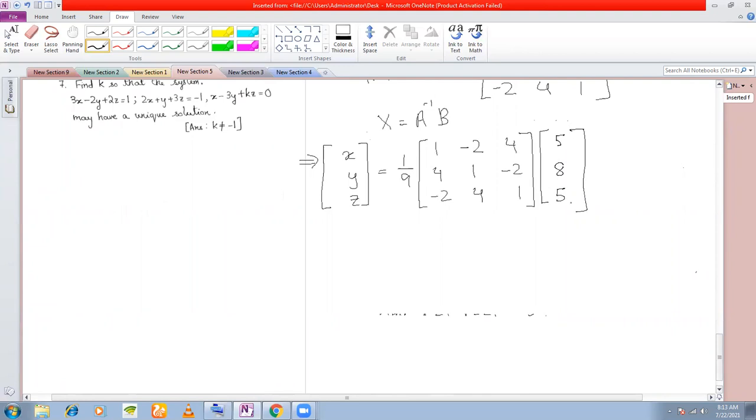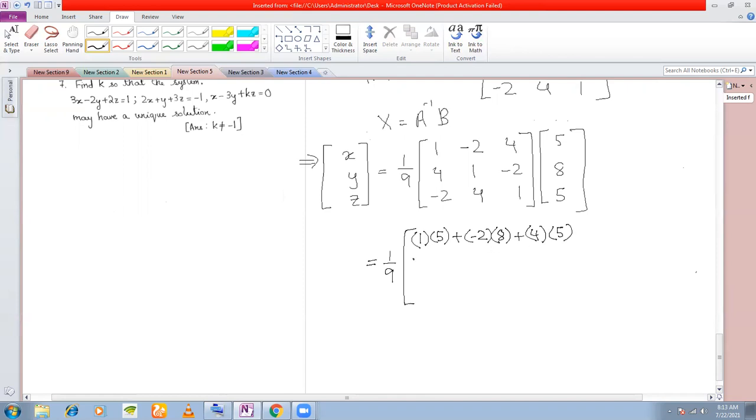Now you multiply everything. How do you multiply? First row into first column. 1 into 5 plus minus 2 into 8 plus 4 into 5.